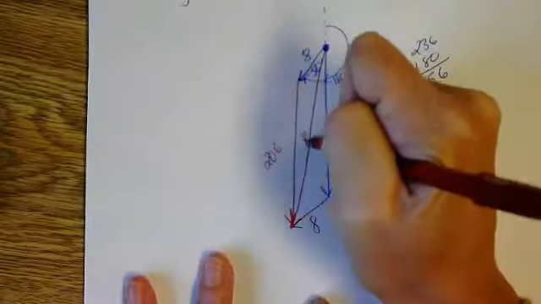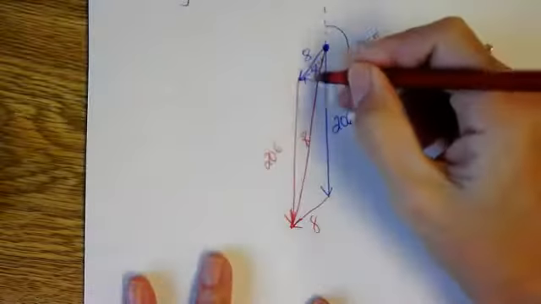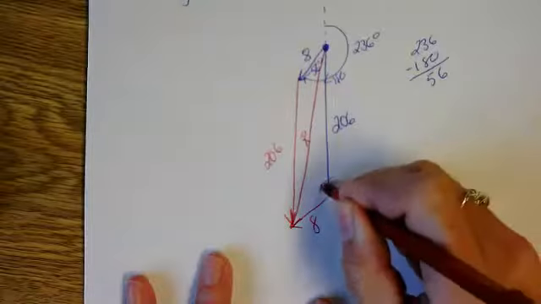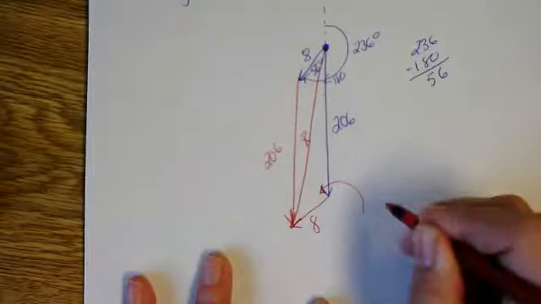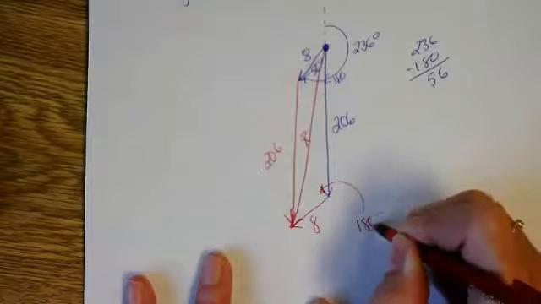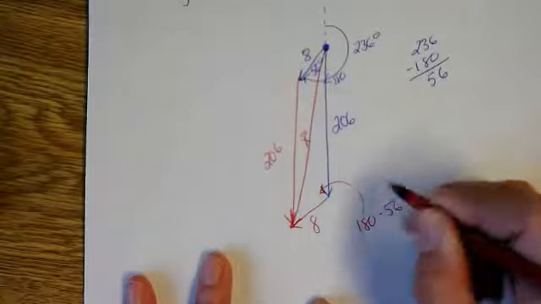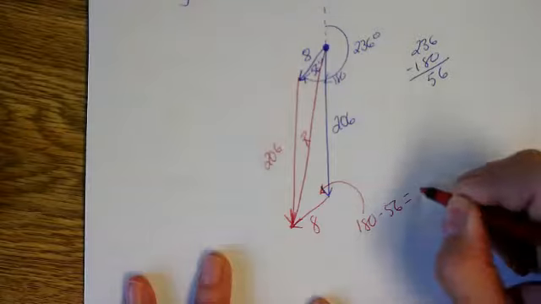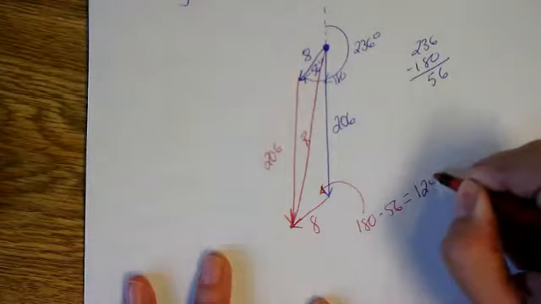Here's the resultant. And remember, the original angle here was 56. We've got to find this one so that we can do a law of cosine. So I'll go 180, subtract the 56 because the two angles are supplementary. That's going to give us 124.